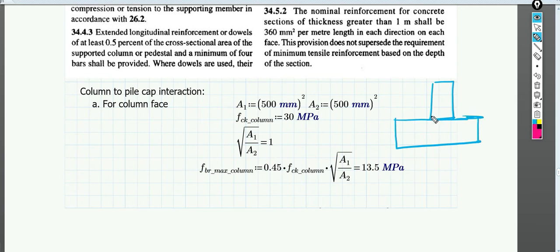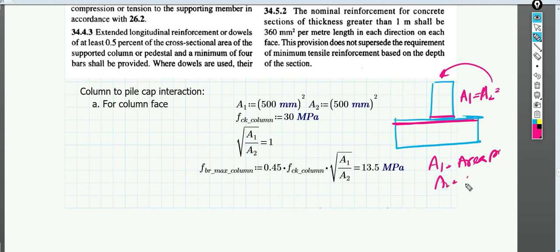One is the column phase, where both A1 and A2 are the cross-sectional area of the column. Secondly, we have to consider the pile cap phase. In that case, A1 will be the area of the pile cap, and A2 is the area of the column.